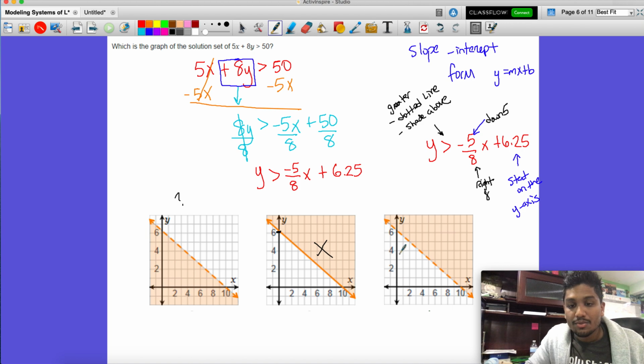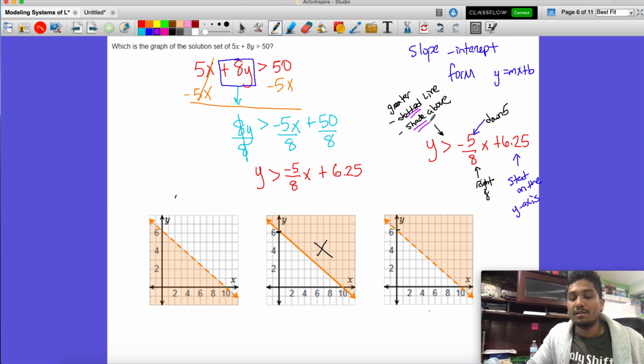And then here we have a little bit above 6, so this is a possibility. The next thing I would look at if it's already graphed is whether it's dotted or dashed. This is both dotted, this is both dotted, so still the same possibilities.